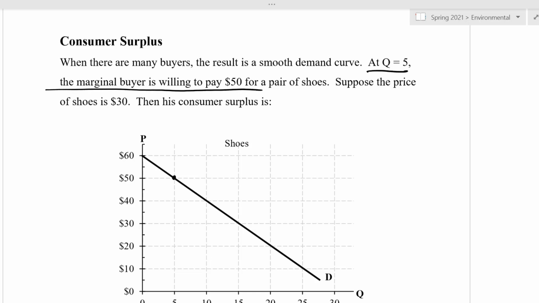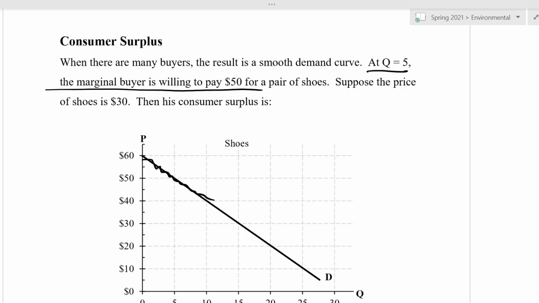There is some buyer here who at this price is willing to jump into the market. That's just like Flea. This is now a different market for shoes. Flea was willing to jump into the market at 300, and then it went down, and then Anthony was in, and then Chad was in, and then John was in. Same thing is happening here.